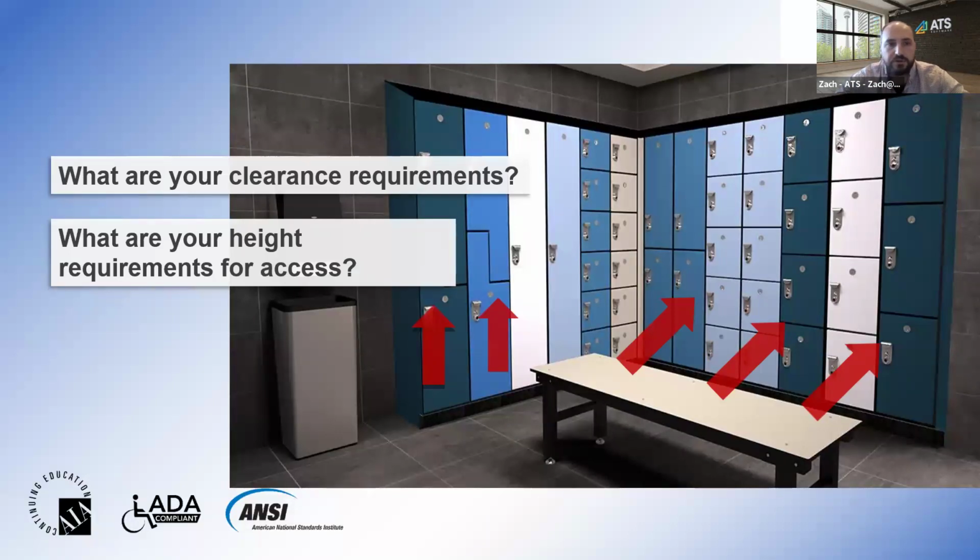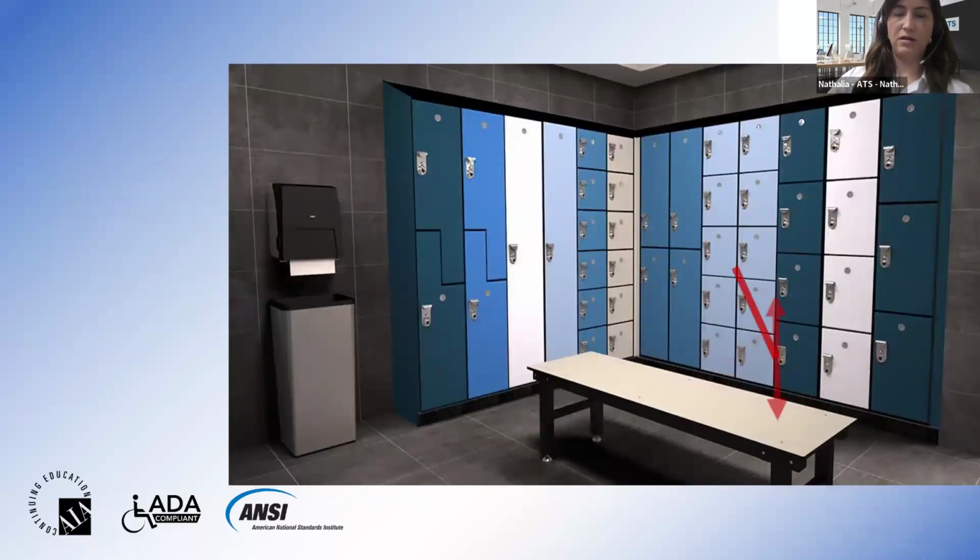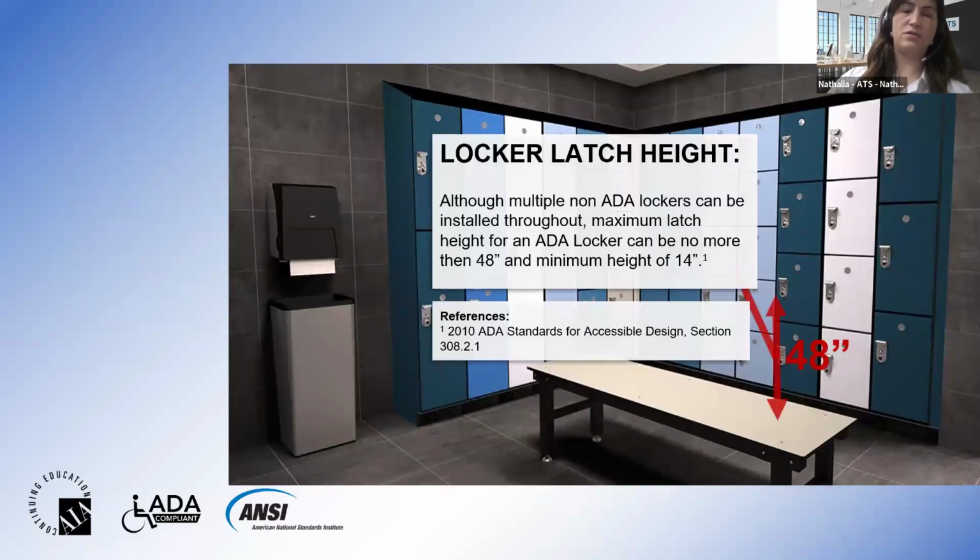what these call for. Yeah, when talking more about your clearance requirements and your height requirements for access, you should take in consideration first the locker latch height. So ADA lockers can be installed throughout. The maximum latch height for an accessible locker can be no more than 48 inches and minimum height of 14 inches.